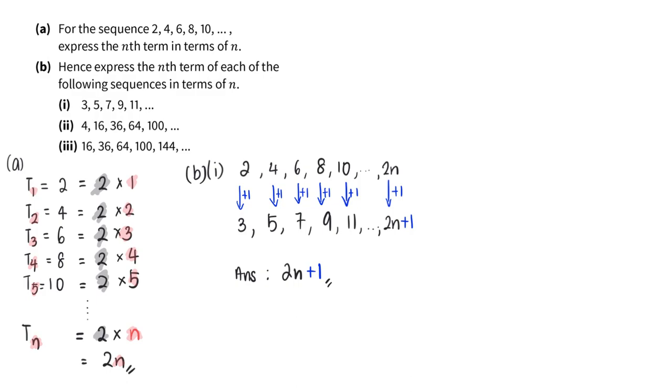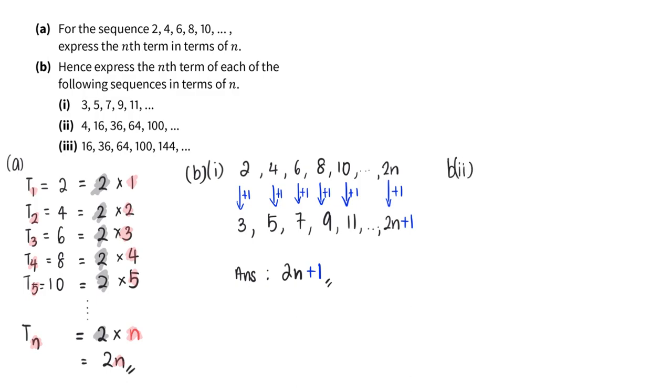Alright. So for B part 2, what is the observation that we can see? Let's see. I'm going to create a space at this side, B part 2.